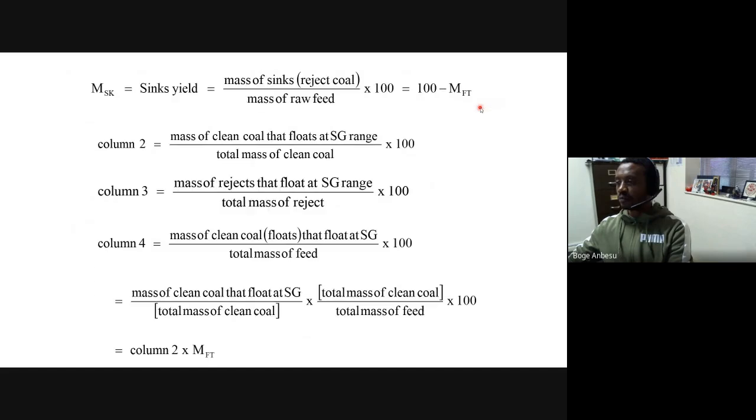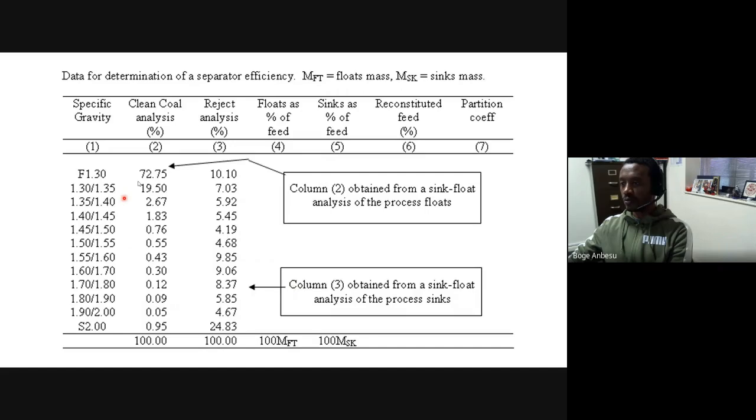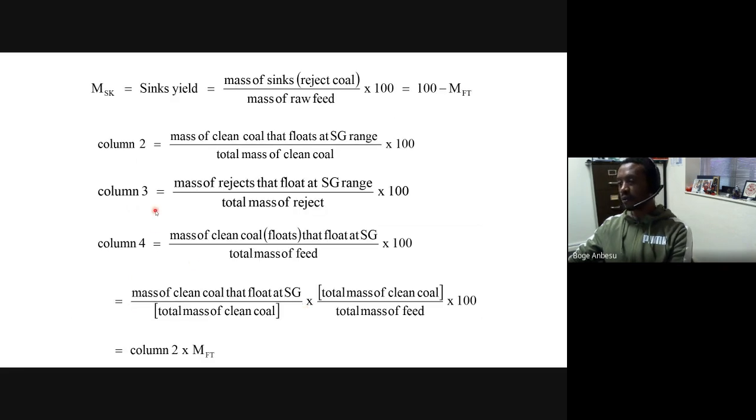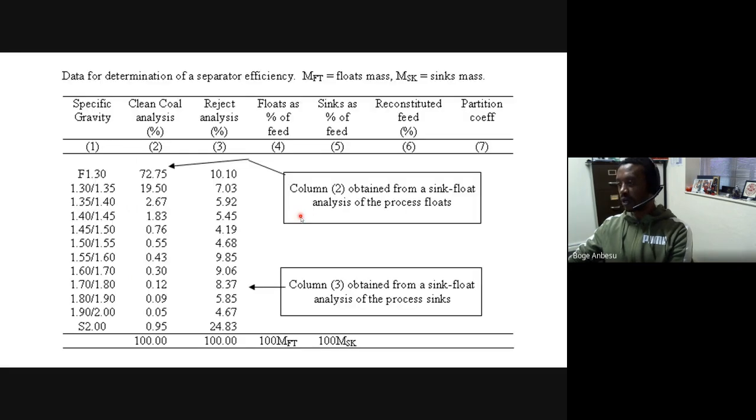You can look at each of these, and how we construct each of those columns, I think you can read through this one. In this case, we collect whatever material is in all floats, and we express the percentage of each of the floats for each of those specific gravity ranges. And for column 3, we quantify the fraction in each of those.